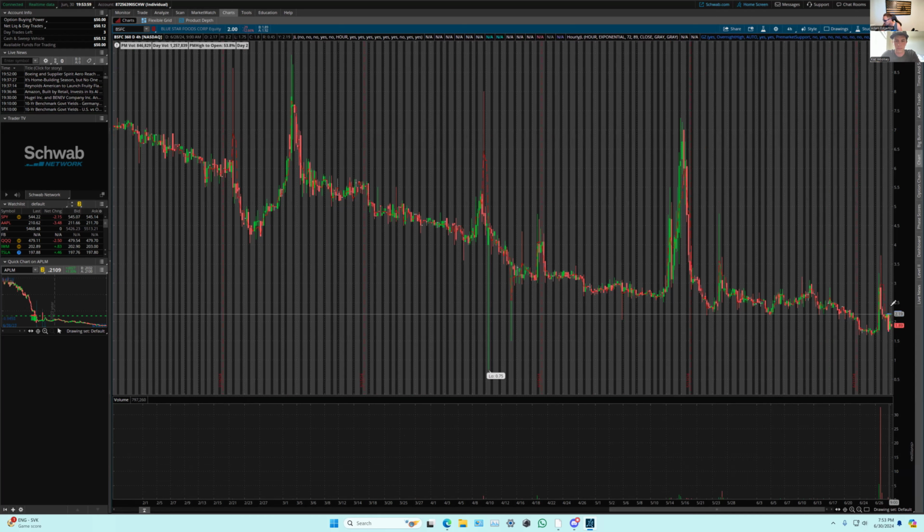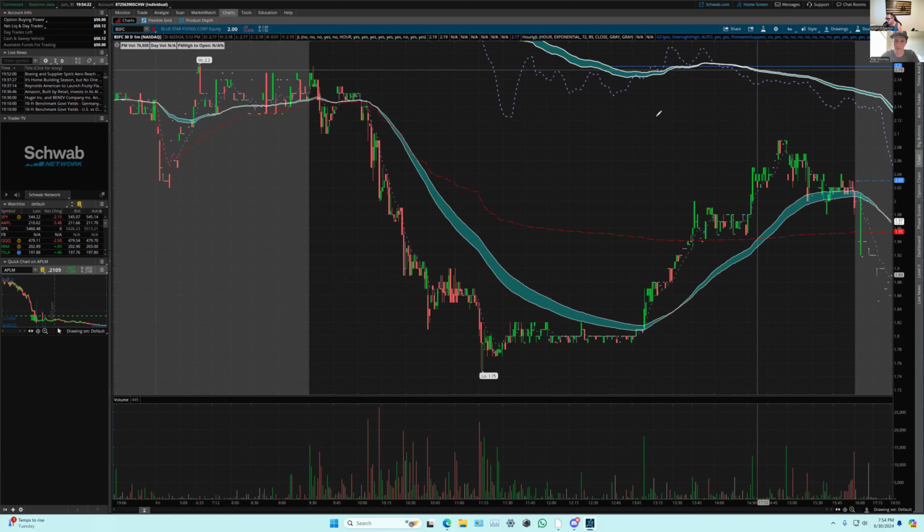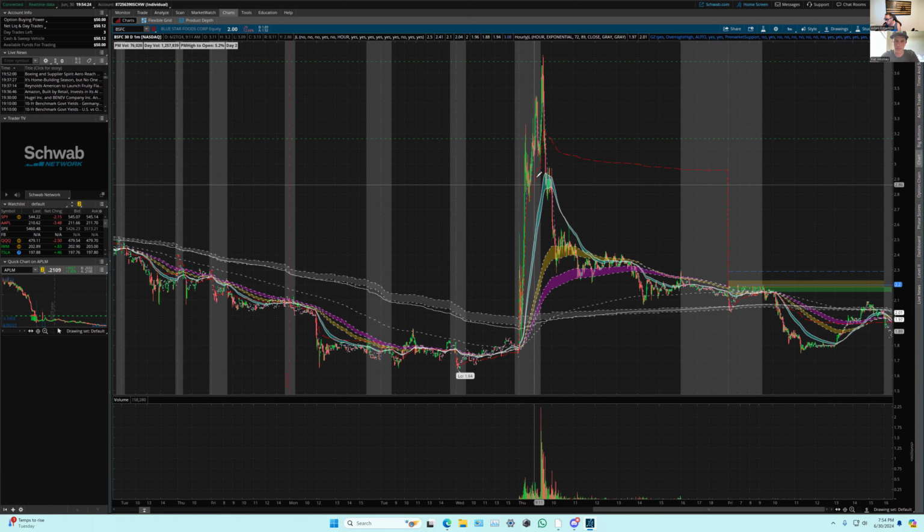If this hadn't happened yet, I would absolutely be scrolling. You see the top of that wick right there? I'd be looking for the top of this wick, the top of this wick. You don't need to go way up here, because if the stock is trading at $2.90, I don't need to mark something that's $7.